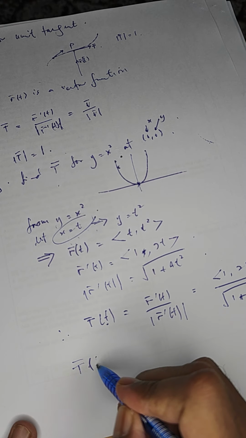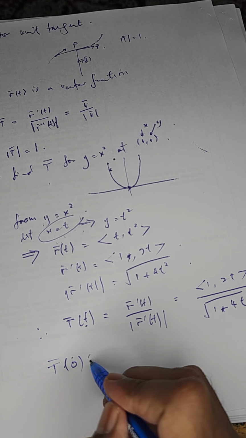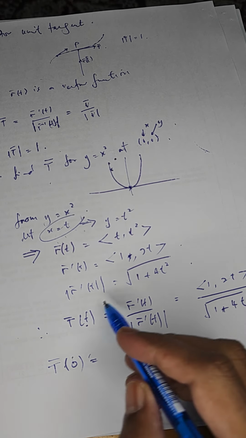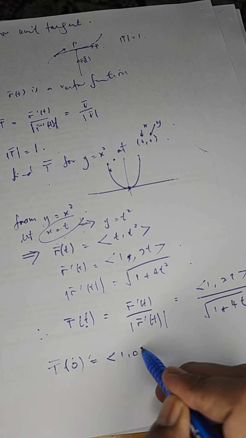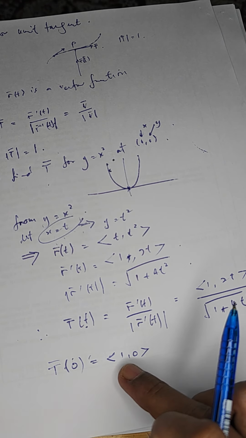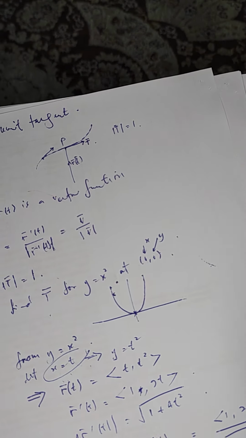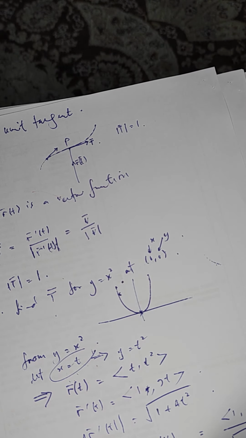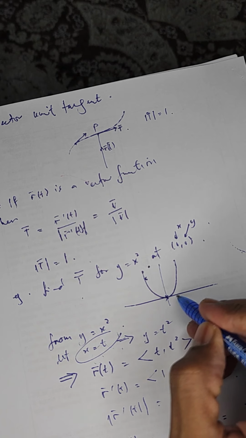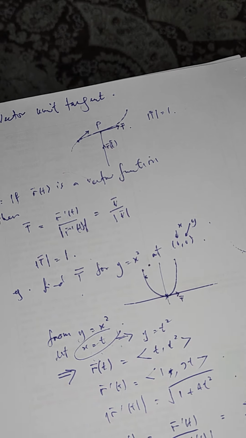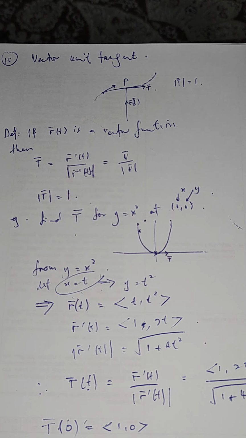So at t equal to 0, we have (1, 0), which means 1 in the x direction and 0 in the y direction. If you look at our sketch, the vector unit tangent is given here, (1, 0). This is our T at point 0, 0. Okay, so that's the vector unit tangent.